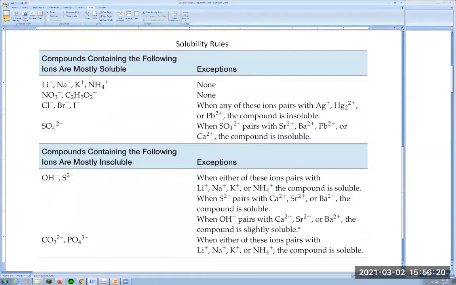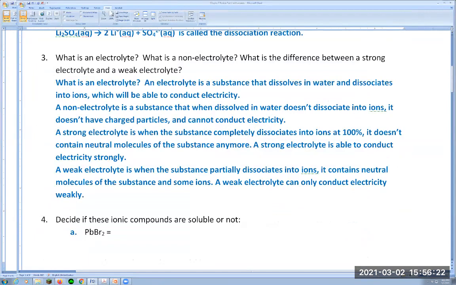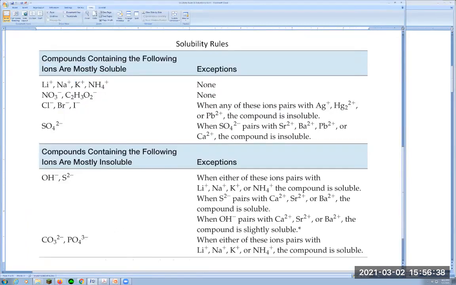So the question was for PbBr2. You want to find at least one of the ions out of the two. Here we have Pb2+ and Br−, because bromine is a halogen, so it has one negative charge. Let's look at the left side of the table.